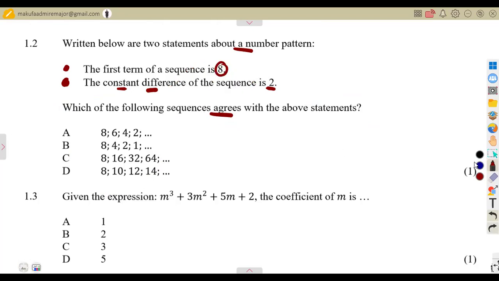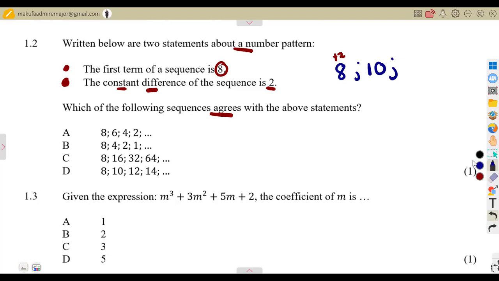Okay, the first term being 8, like I said, there is a difference of 2, which is constant. So you're going to add a 2 to this number 8. 8 plus 2 is 10, which is the next term.